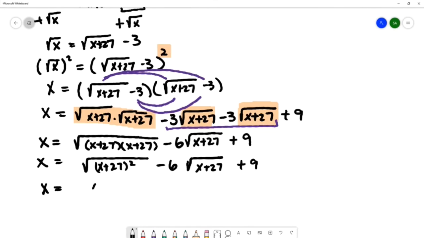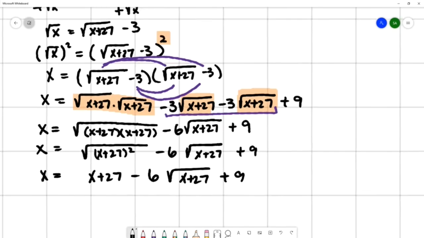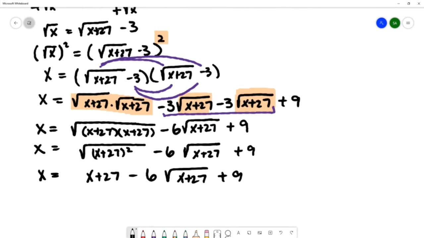So this is going to give me x plus 27 minus 6 square root of x plus 27 plus 9.